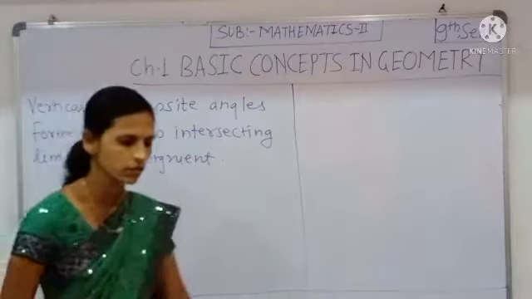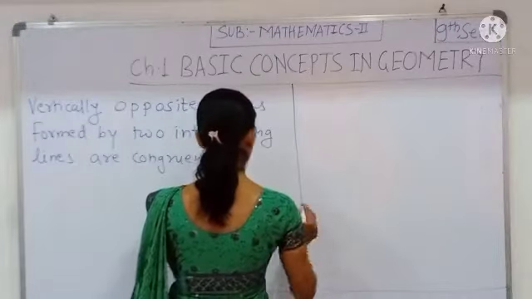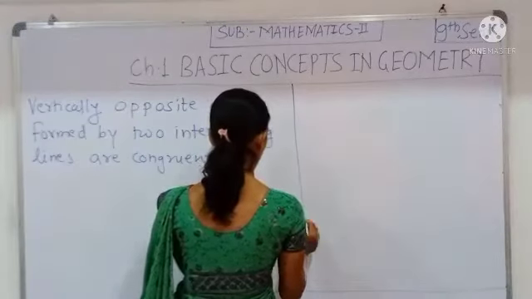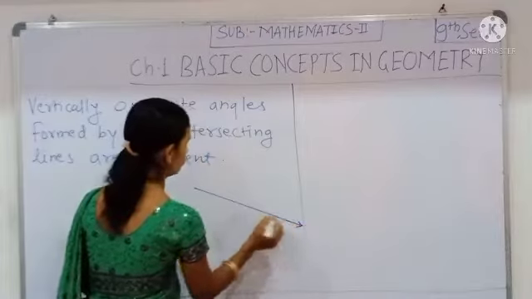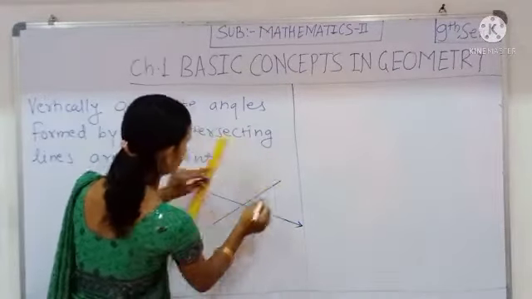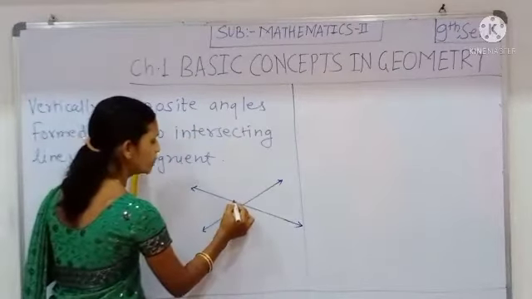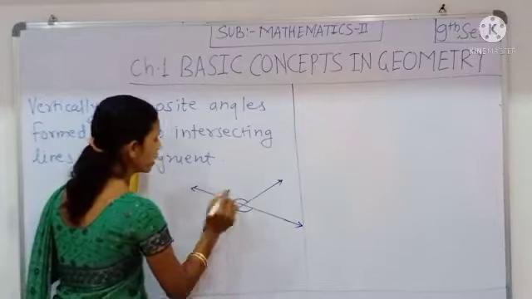That means, if there are two intersecting lines, then because of those intersecting lines, two pairs of vertically opposite angles are formed.